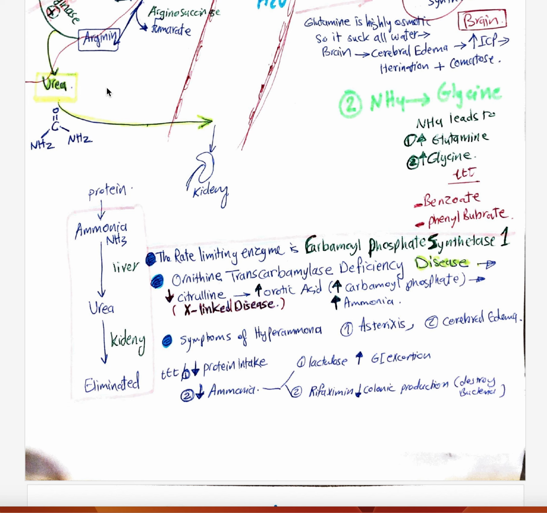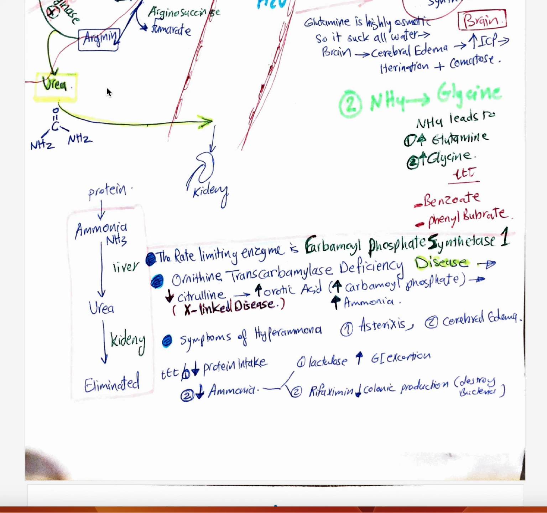Helicobacter pylori, which we studied before in the stomach, produces the urease enzyme, and the urease turns the urea into ammonia and CO2. So if we use something like rifaximin, it destroys the bacteria that produce the urease enzyme, which turns the urea into ammonia, so we avoid the ammonia production.